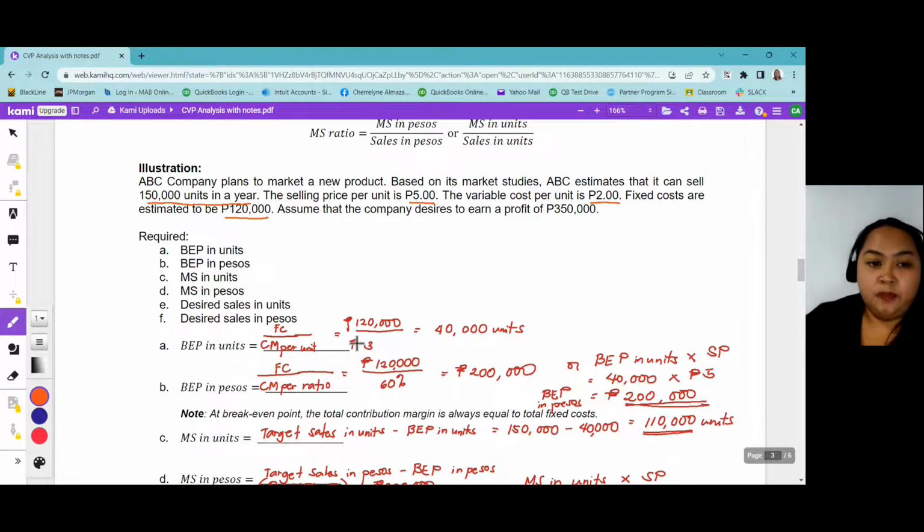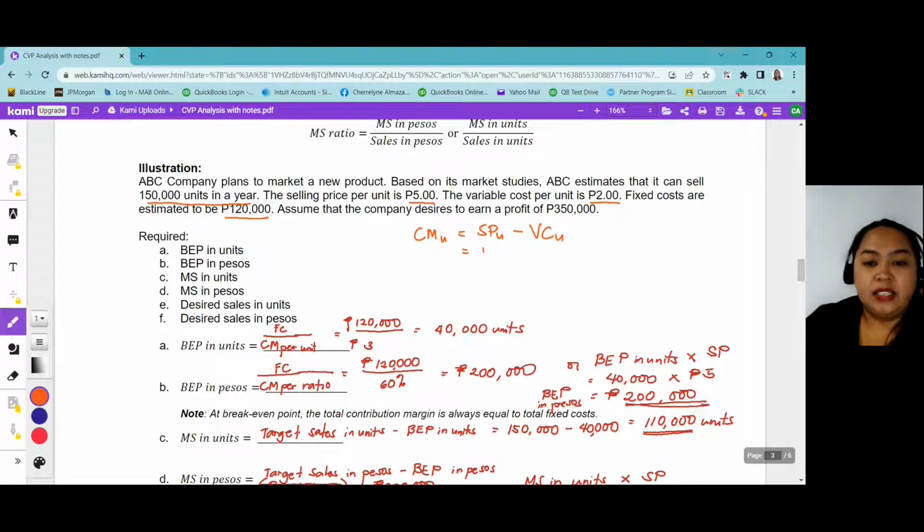Number 1. BEP in units, so break-even point in units. Ang formula natin for break-even point in units is your fixed cost divided by your CM per unit. So let's compute for your CM per unit. Your CM per unit is equals to your selling price per unit less your variable cost per unit.